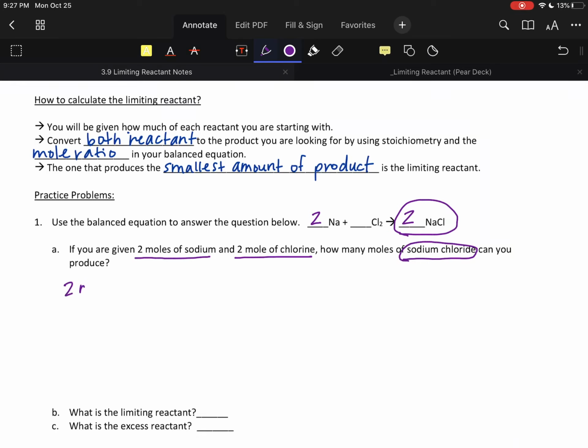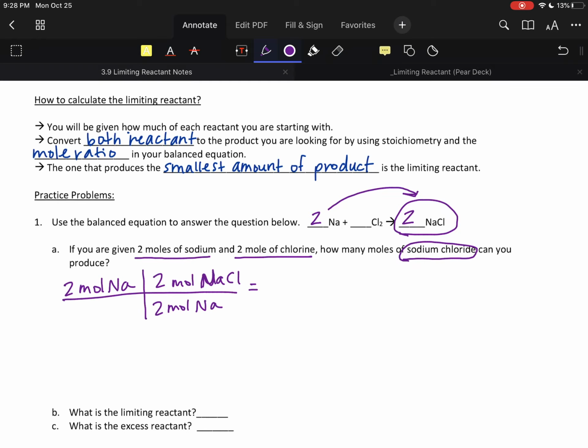So let's start with 2 moles of sodium. Okay, remember I want to get from sodium to sodium chloride. I do that using my mole ratio, right? I'm looking at my coefficients. How many moles of sodium produce how many sodium chlorides? 2 moles of sodium for every 2 moles of sodium chloride.